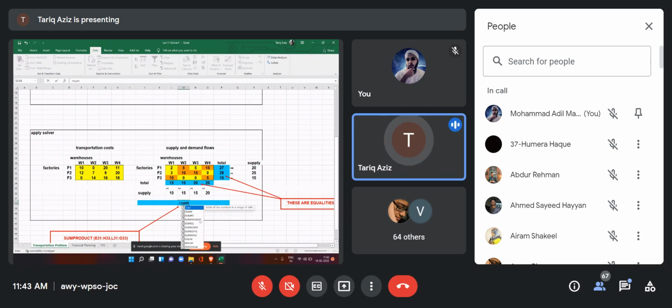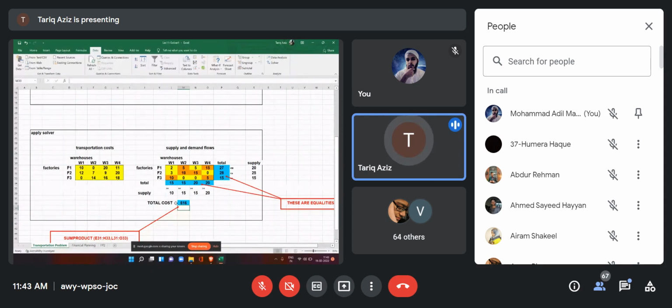That cost can be calculated using the SUMPRODUCT function, multiplying this matrix by this one. It calculates the total cost of transporting the goods from factories to warehouses.